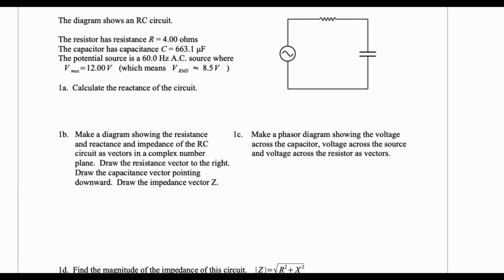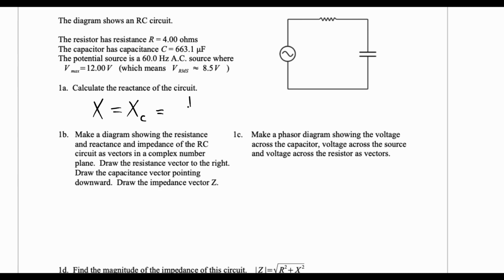It wants us to calculate the reactance of this circuit. So for that, we're going to want X equals simply XC. There's no inductor, so there won't be any inductive reactance, just capacitive reactance.